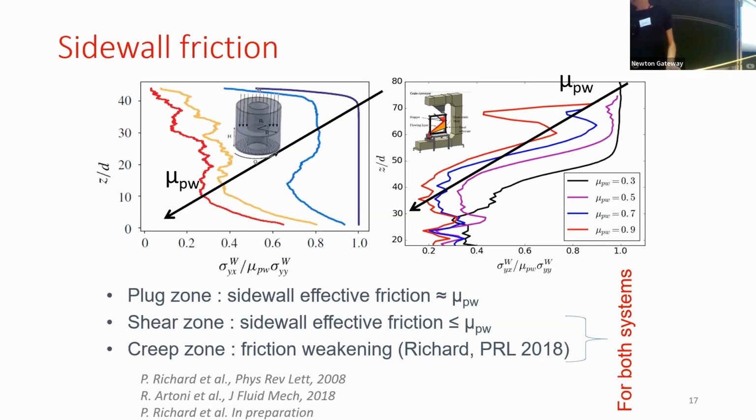And if you look at the gravity-driven flow, which is here, you observe a global weakening of the friction coefficient when you go deeper in the cell. The effective friction coefficient is quite large closer to the free surface, and then decreases when you go deeper and deeper. So this property, the friction weakening, is common to the two systems.